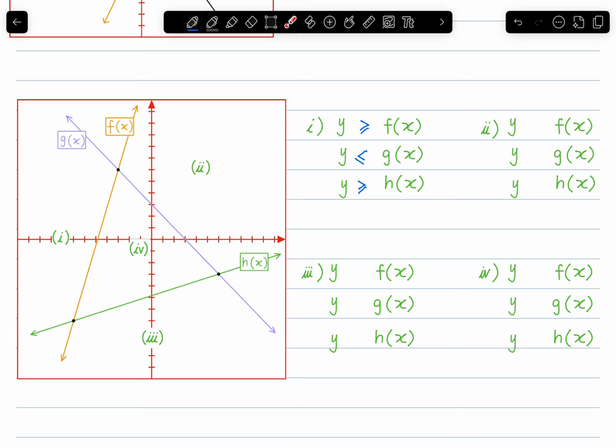Okay, so let's keep going here. This region here. So picking a point.